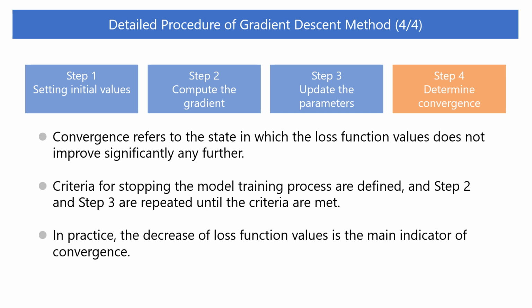The number of iterations is the number of iterations between step 2 and 3. The appropriate number of iterations depends on the complexity of the problem, the size of the data, and other factors. A general rule of thumb is that several hundred to several thousand iterations are often required. In practice, the decrease of loss function value is the main indicator of convergence.